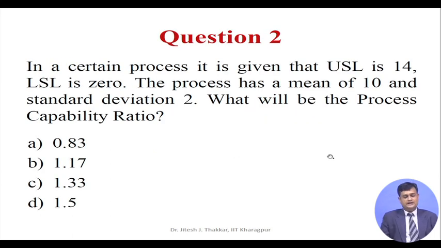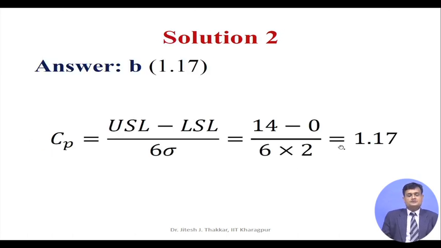Question 2, in a certain process it is given that USL is 14, LSL is 0, the process has a mean of 10 and standard deviation 2, what will be the process capability ratio? A, 0.83, B, 1.17, C, 1.33, and D, 1.5. So, the correct answer is B, 1.17.